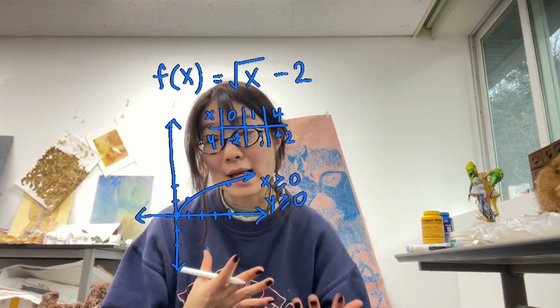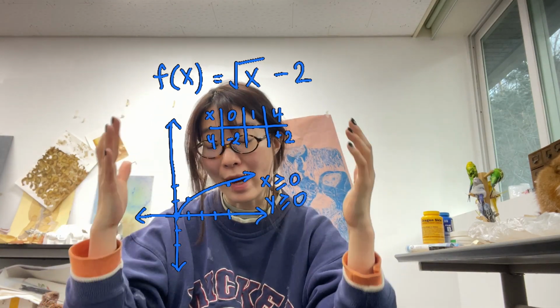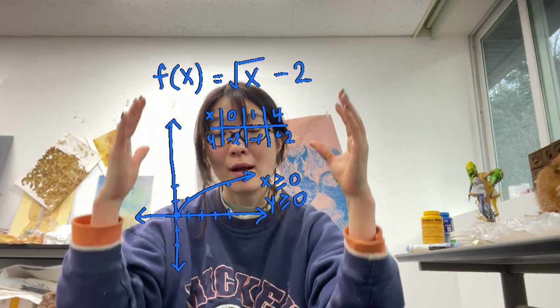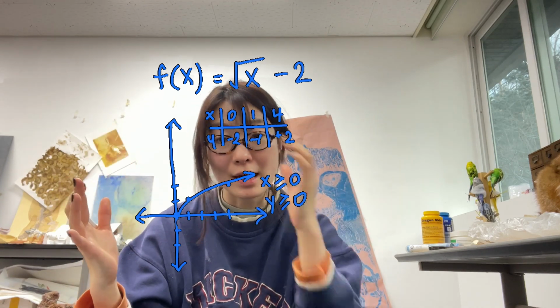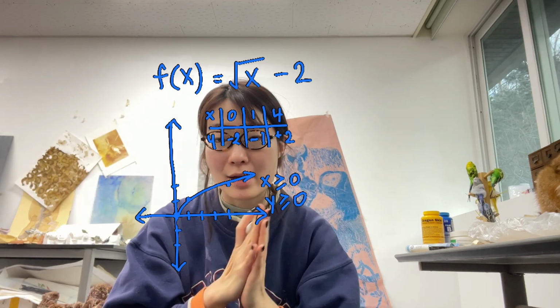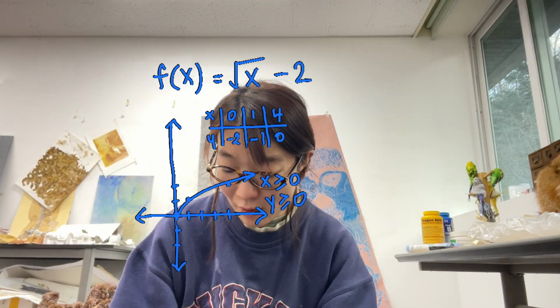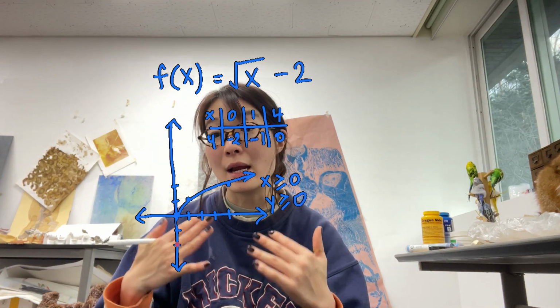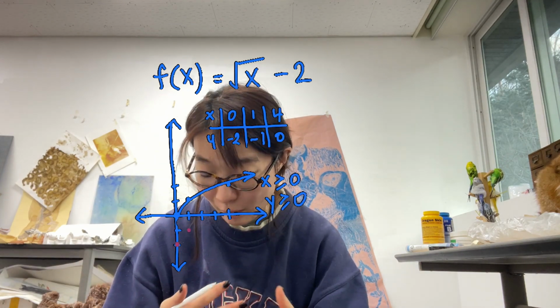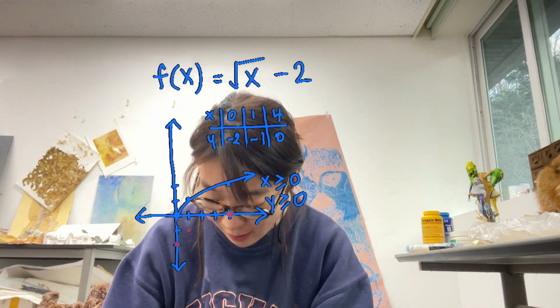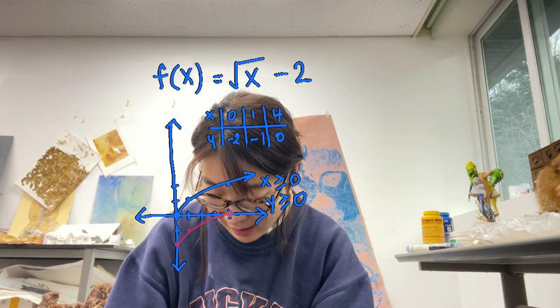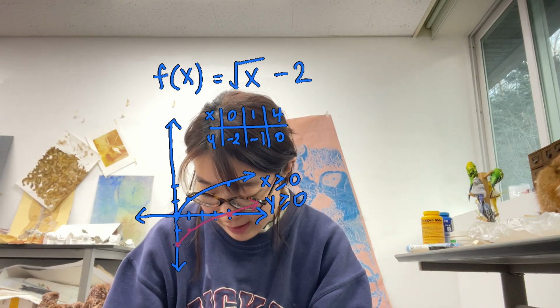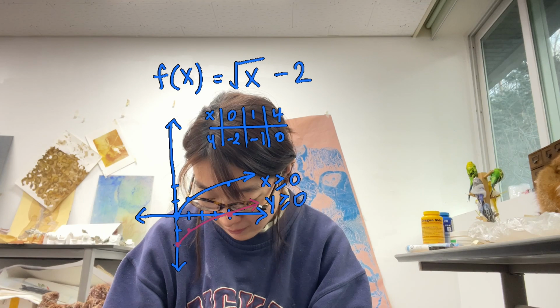So this already tells me that all of my y values are going to be shifted by negative 2 units, right? Now, if I were to plot my new set of points, I would get (0, negative 2), (1, negative 1), and (4, 0).